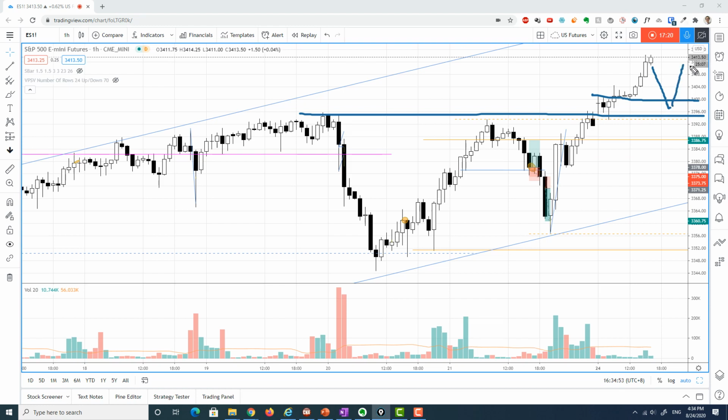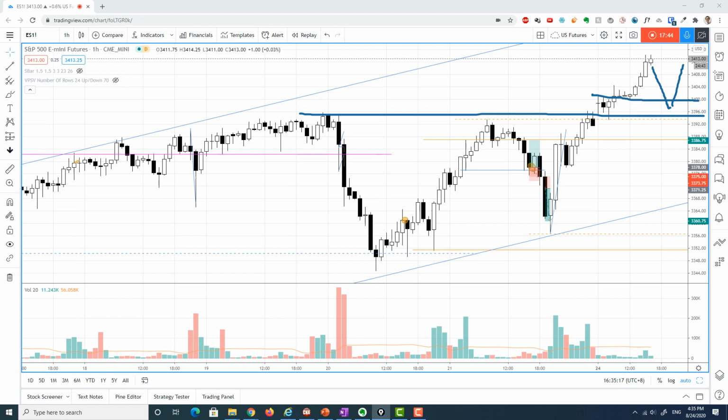Since we are at an all-time high level, we just have to wait and see how the S&P 500 reacts and trade accordingly. The immediate support level is definitely around the 3400 level to 3395, the swing high level. The immediate resistance level will be around 3430.